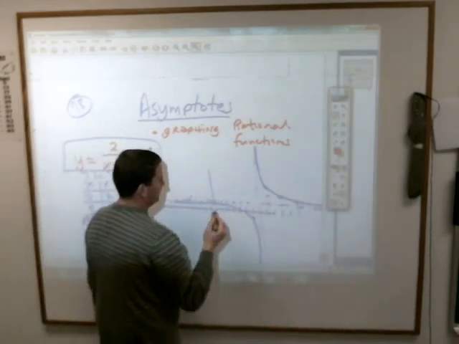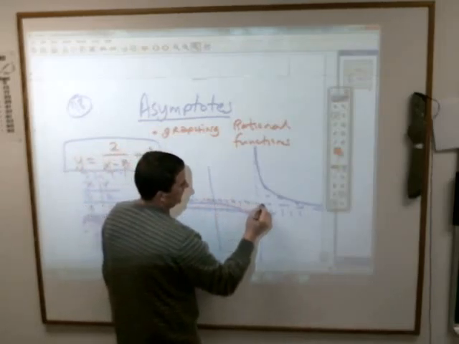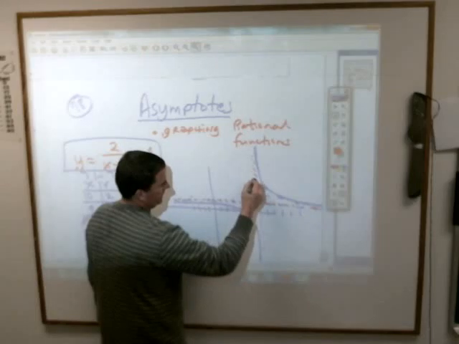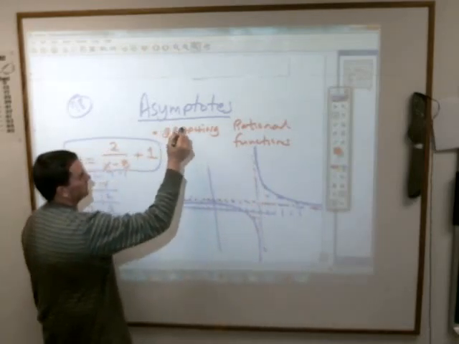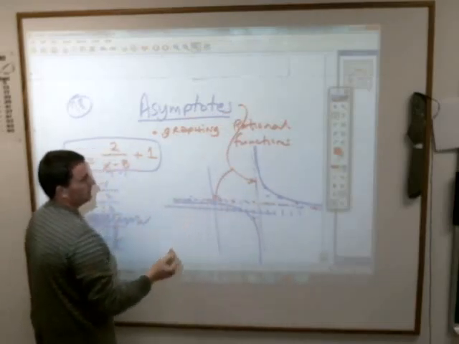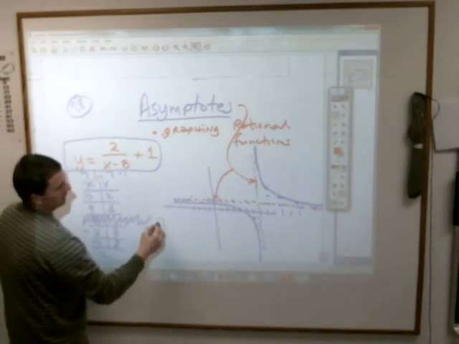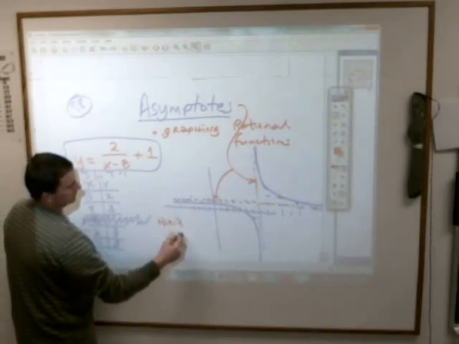If you wondered why we call this asymptotes, it is because of this. These two dashed lines that this graph approaches but never crosses are called the asymptotes. There's always a horizontal one, and there's always a vertical one.